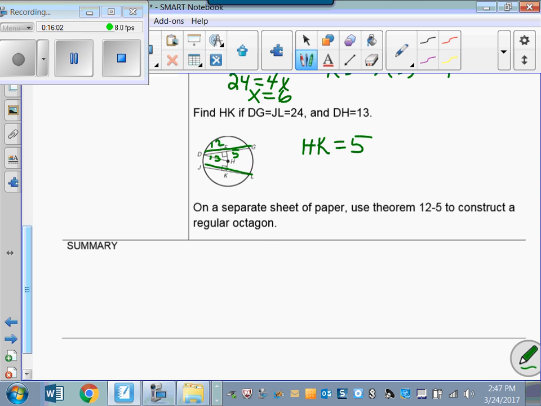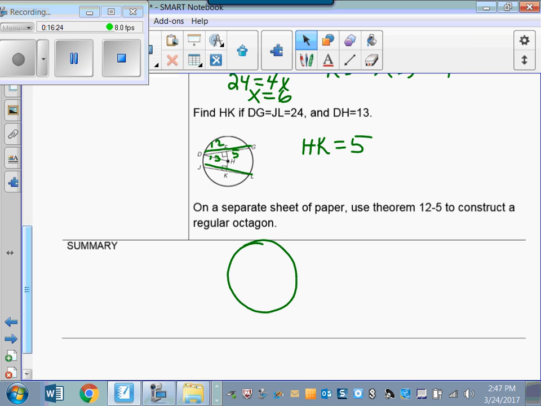I'm giving you a couple of hints here. You're going to start by constructing a circle with your compass, not just drawing it freehand like I did. And then, actually, I don't want to spoil it at all because some of you will actually enjoy trying to do it.